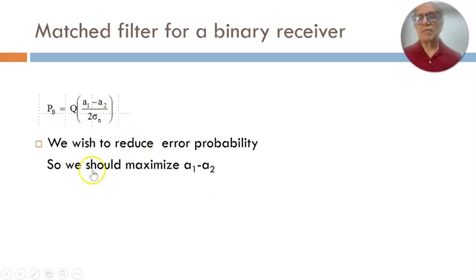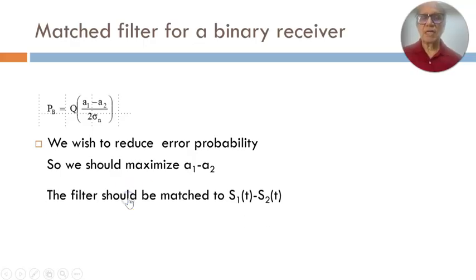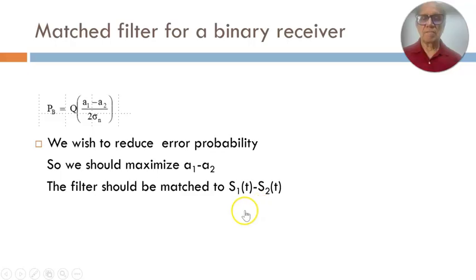So we must maximize A1 minus A2, and since A1 is obtained when S1(t) is transmitted and A2 is obtained when S2(t) is transmitted and hence received, it is the difference that is to be maximized. Therefore, the matched filter that we design must be matched to the difference signal S1(t) minus S2(t).